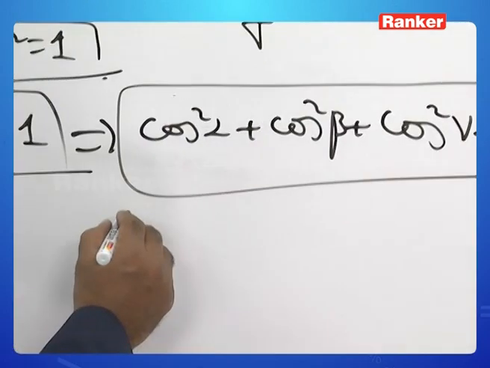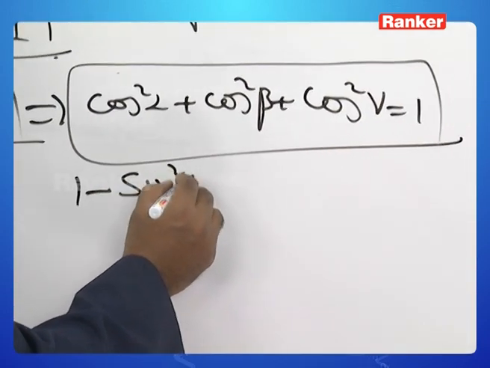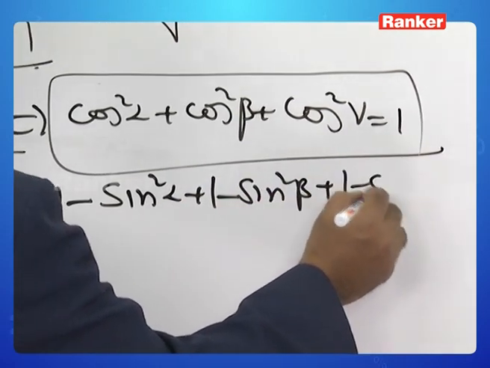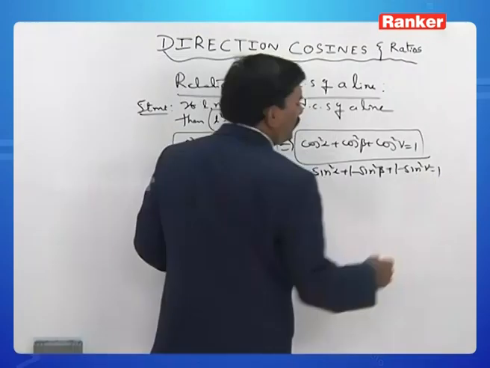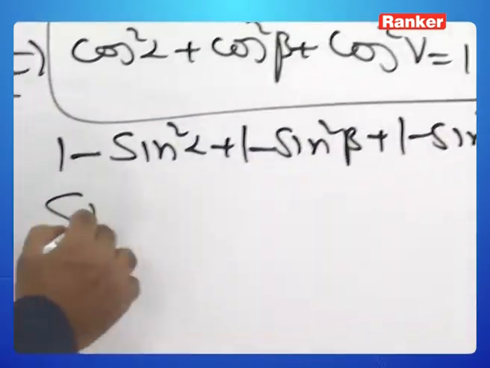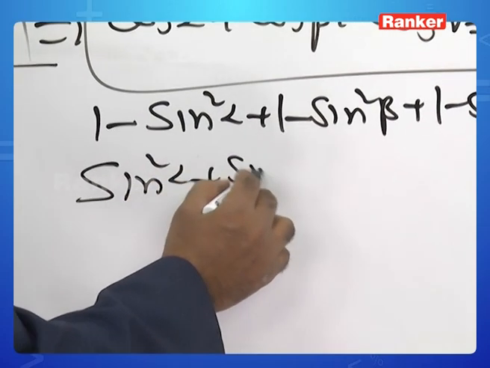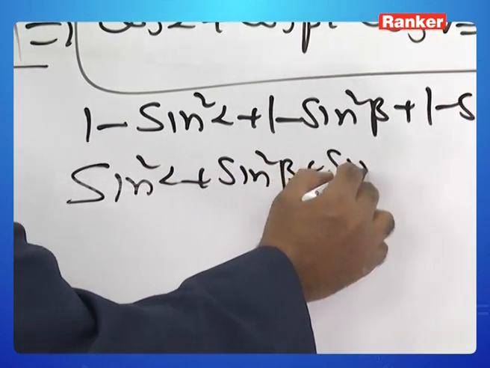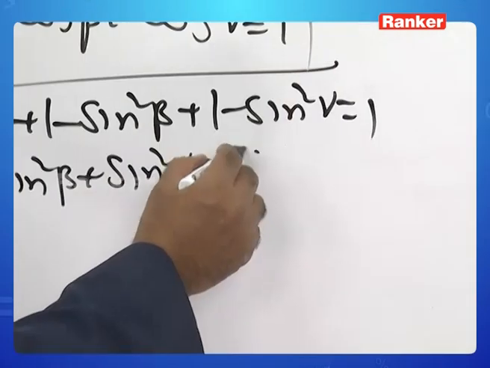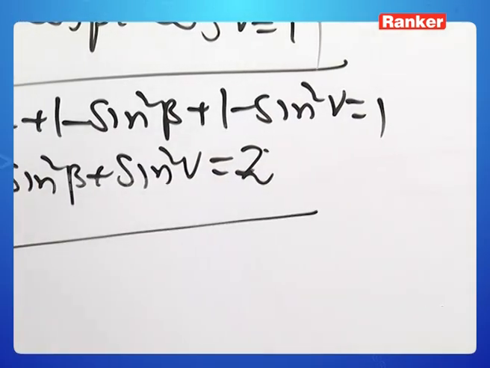Now, when you know this, I can also write 1 minus sin square alpha plus 1 minus sin square beta plus 1 minus sin square gamma is equal to 1. I can write this as sin square alpha plus sin square beta plus sin square gamma. If you transfer that side, it will be a 2.